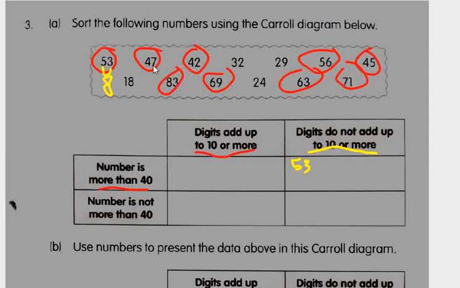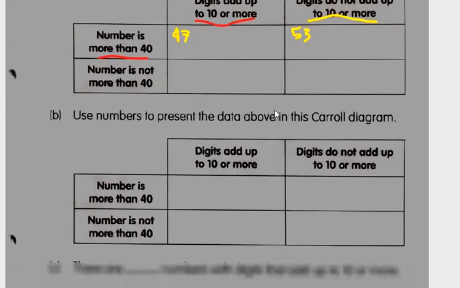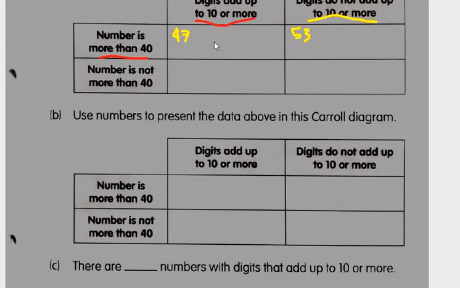And how about the second number that we have circled? 47. Let's add 4 and 7, we get 11, right? And it is more than 10, so that will belong to the first box. Then just do the rest, and after that count how many numbers are in the first box, and that will be inserted here.